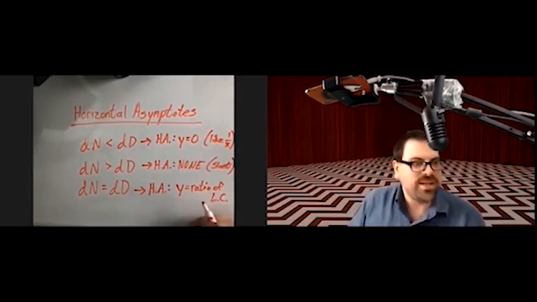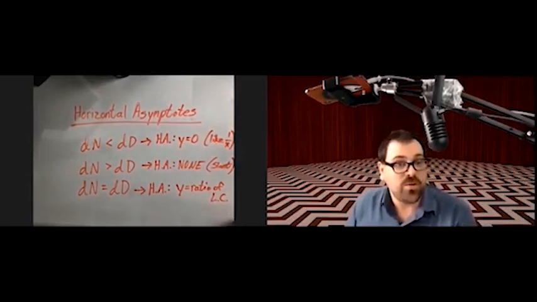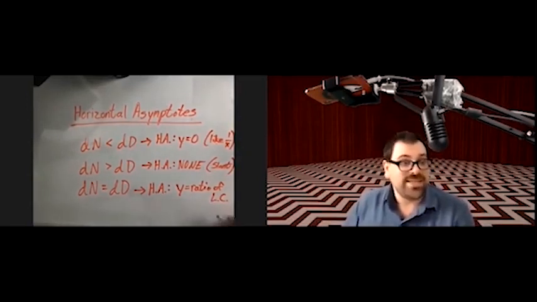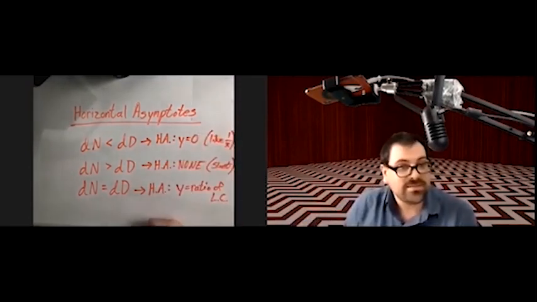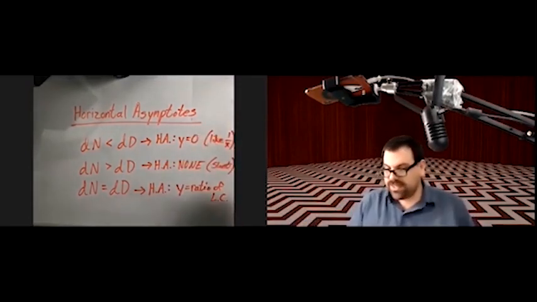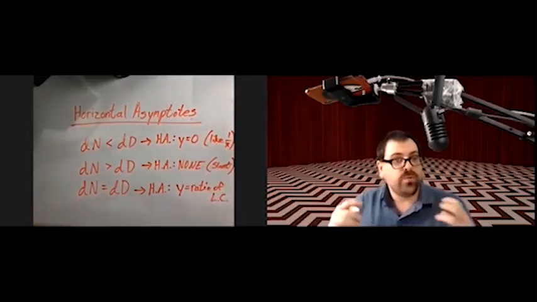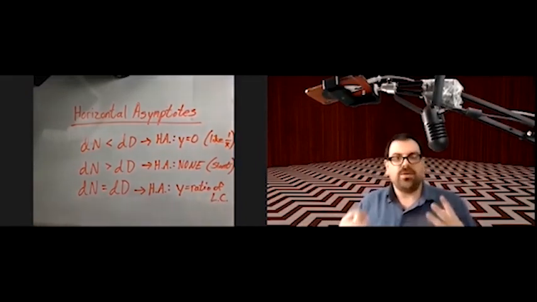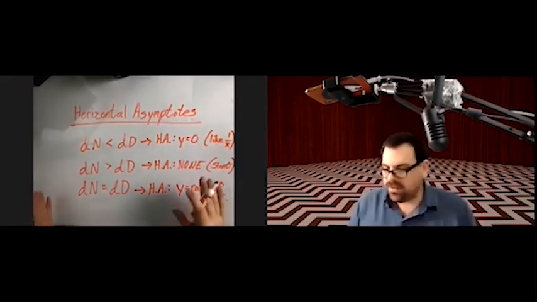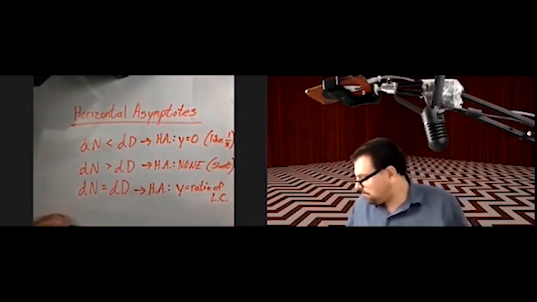And again, when we get to an example of this, I'm going to show you what y equals ratio of the leading coefficients is. This one is the easiest, if you don't consider that the easiest. This really isn't so bad. This looks complicated, but when we're working through the 3 cases, more and more examples, you're going to see, okay, it's not hard. I just have to remember the cases.